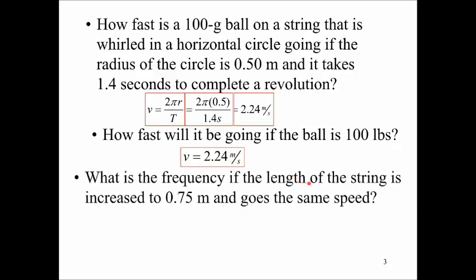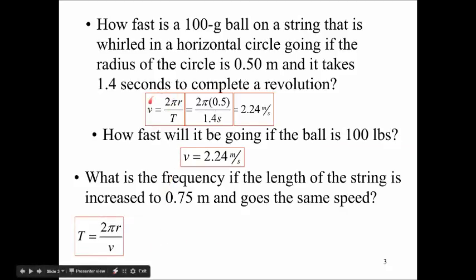Next question, what is the frequency if the length of the string is increased to 0.75 meters, and it goes the same speed? So now we simply have to take this formula, velocity equals 2 pi r over the period, and solve for period.